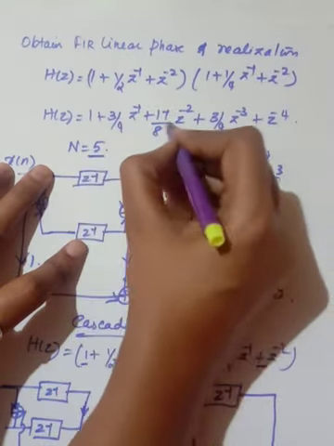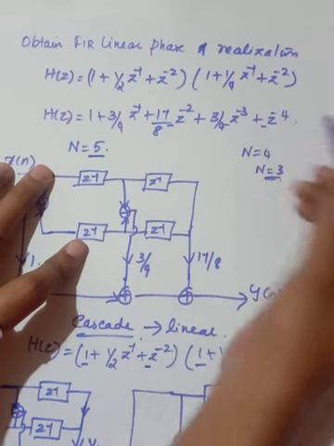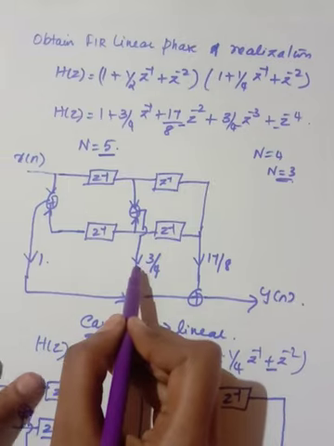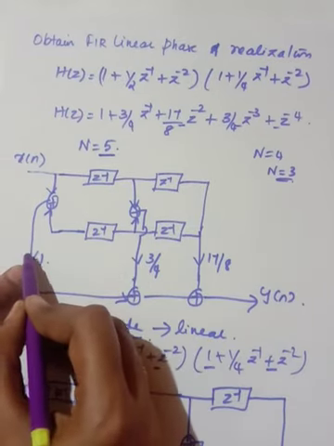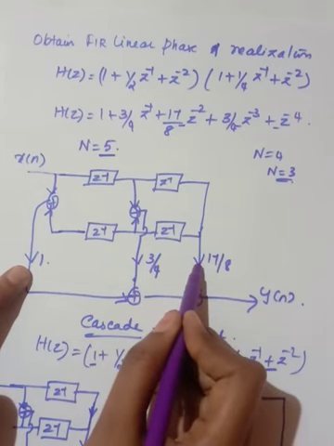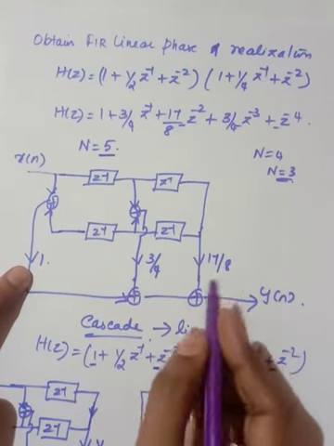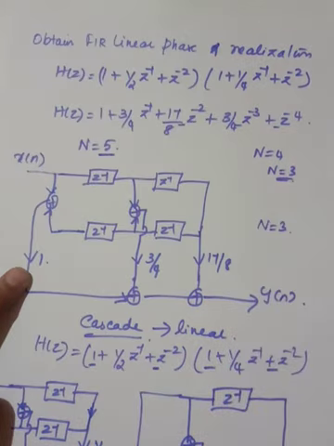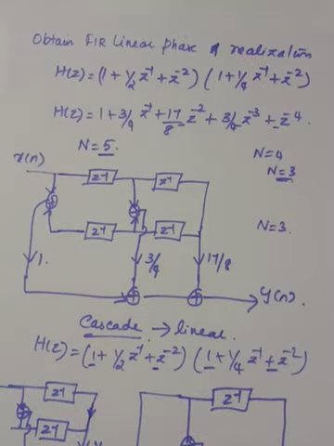You require 1, 2, 3, 4 multipliers. Now see when you realize using a linear phase structure, here you need one multiplier, another multiplier, and here also another multiplier. So how many multipliers do you need? You need 3 multipliers, that is, the number of multipliers is reduced.